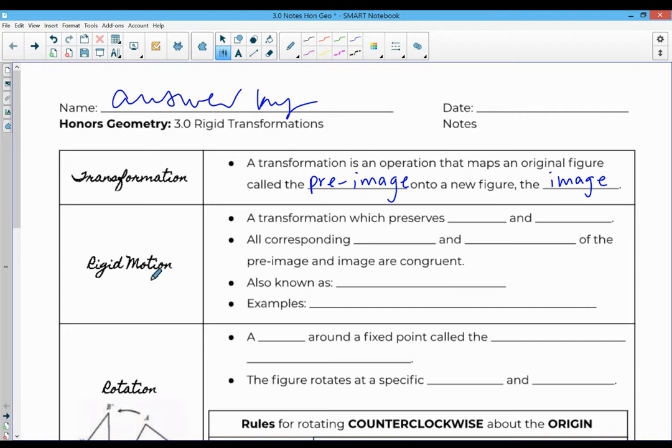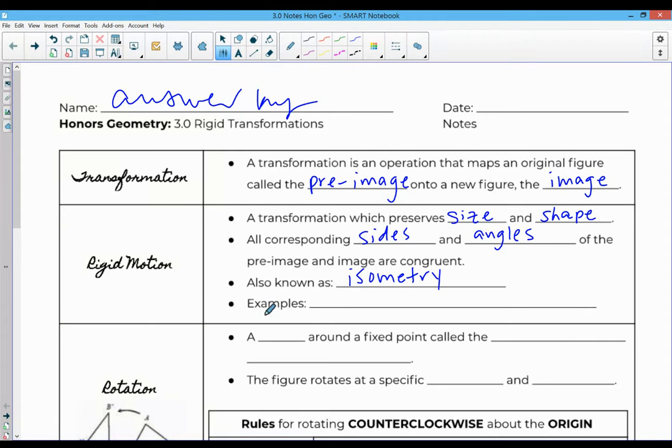A rigid motion is a transformation that preserves size and shape. All corresponding sides and angles of the pre-image and image are congruent. This is also known as isometry.